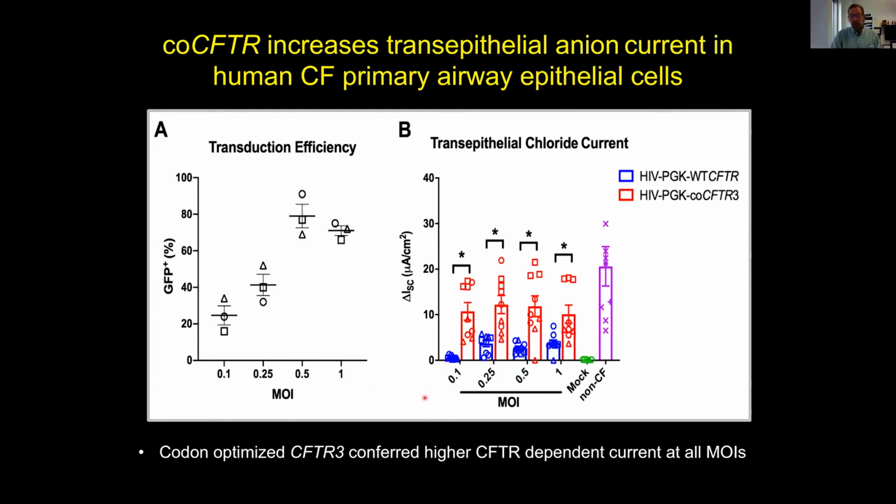When these same cells were similarly transduced with the CFTR constructs, the short circuit current summary is shown on the right-hand panel. And at all MOIs tested, the codon-optimized CFTR3 construct gave us higher CFTR currents.